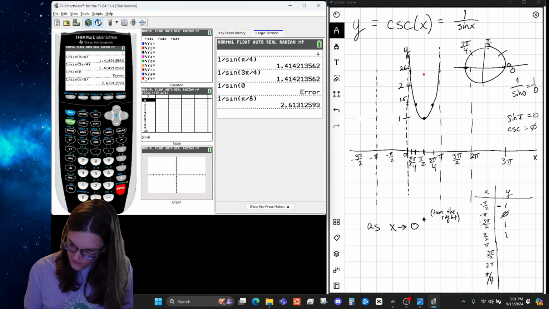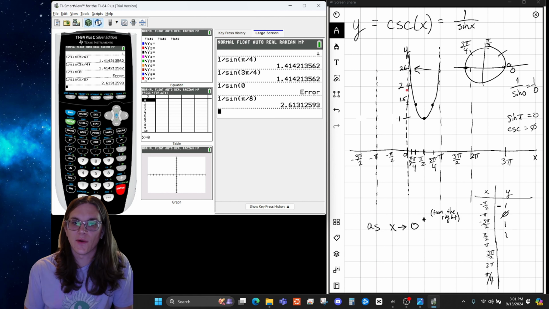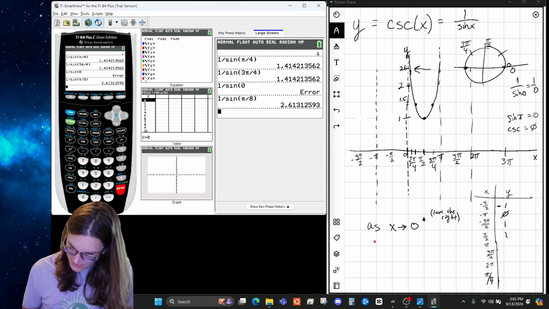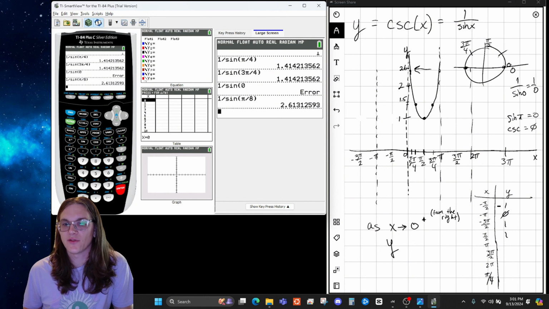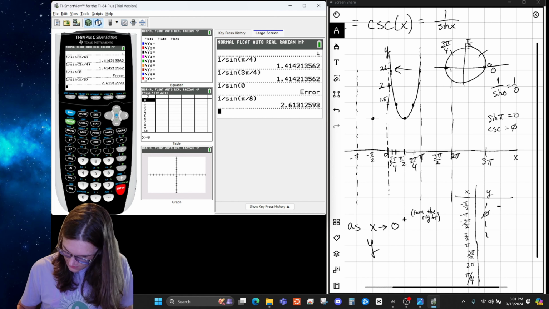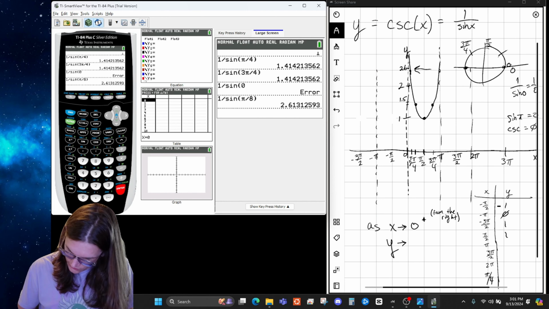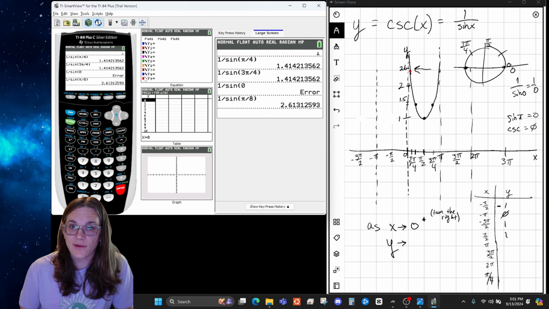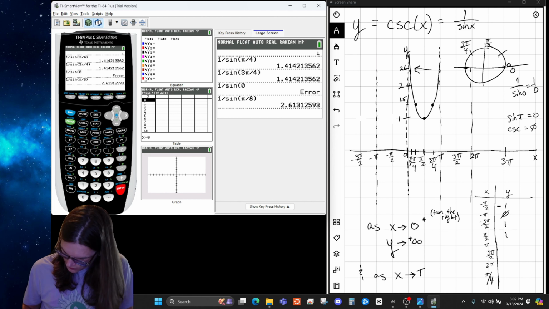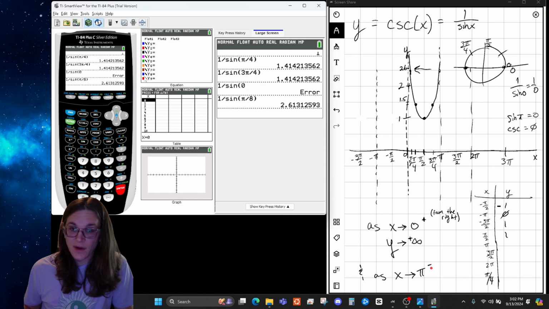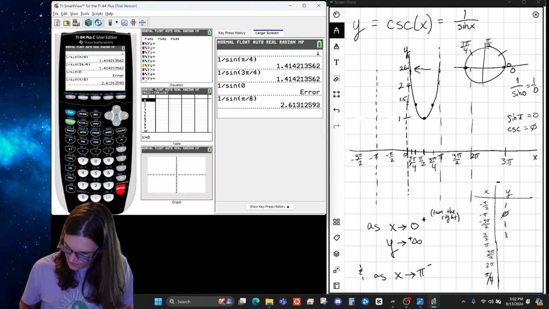As we come here from the right, as the graph comes to 0 from the right, what happens to y is that y goes, you can see, what does the graph do? As x goes this way toward this dotted line, y goes up to positive infinity. And as x goes to pi from the left, I'm not going to write from the left, you know what that means now?